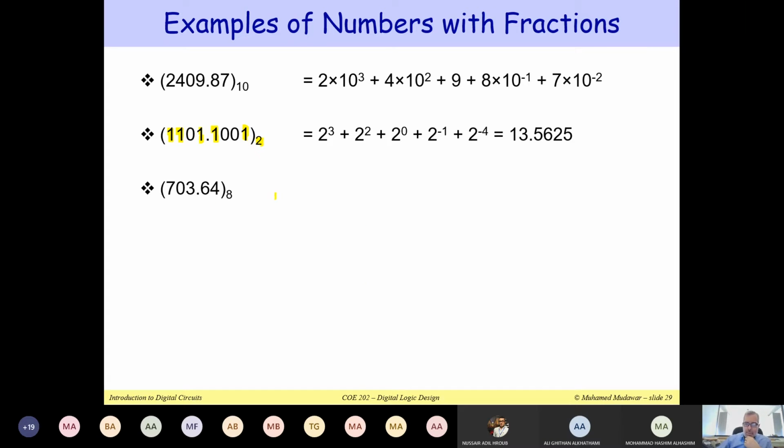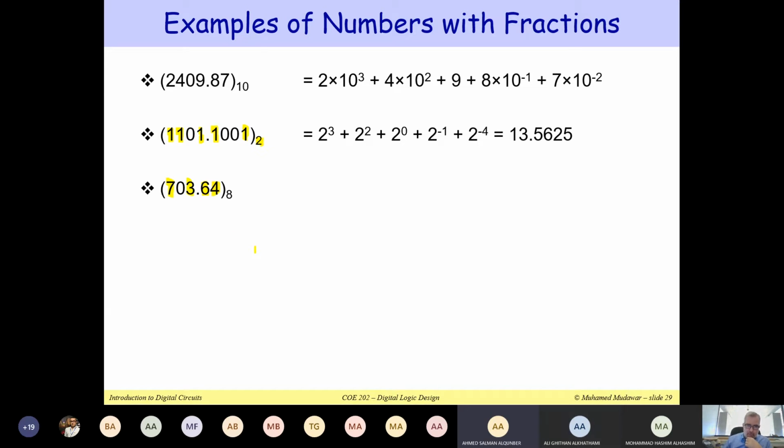Let us take a look at this one. So this 7 here is multiplied by what? By 8 to the power 2, yes, by 8 squared, which is 64. So we have to multiply 7 by 64. This 3 is just 3. It's the unit, right? How about this 6? 6 over 8. How about this 4? 4 over 64.